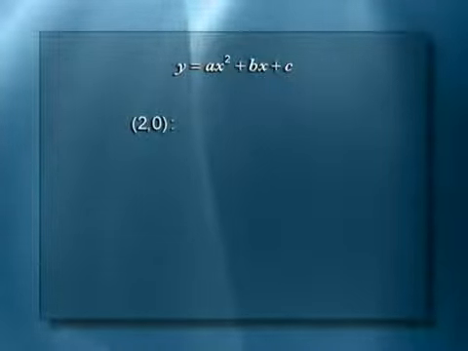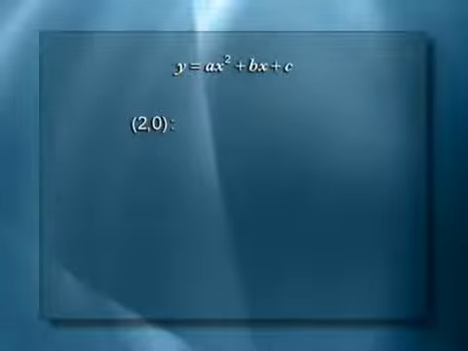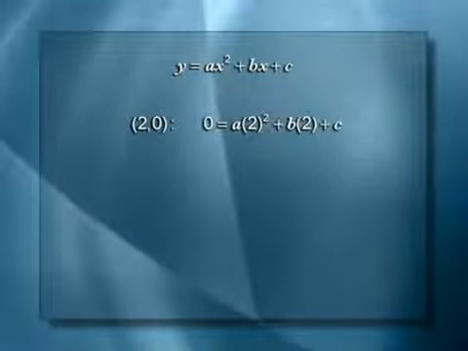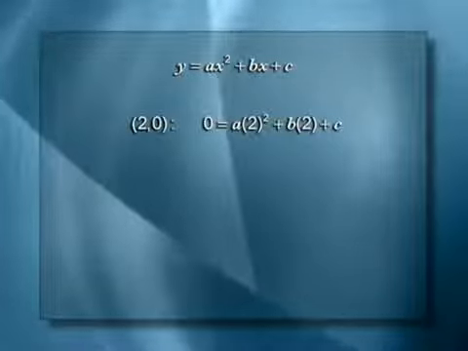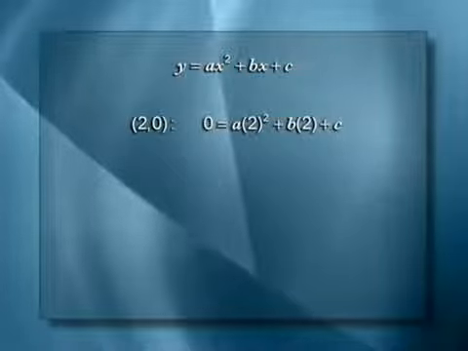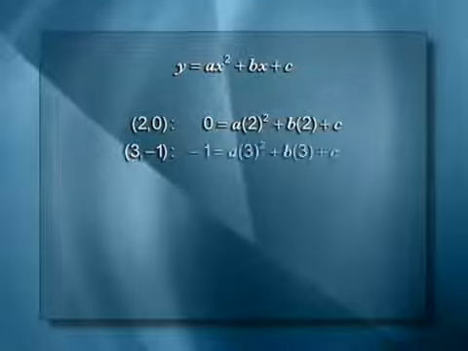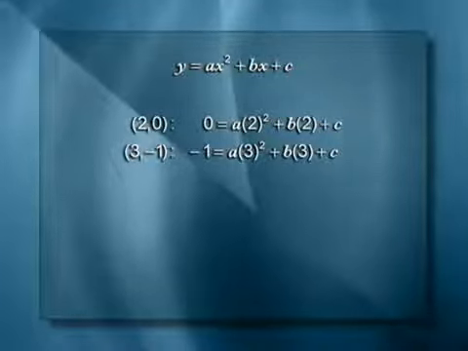And if I call the parabola ax squared plus bx plus c, where a, b, and c are the unknown coefficients of my parabola, I plug in x equals 2 and y equals 0, and I get 0 equals a times 2 squared plus b times 2 plus c. I'm just saying (2, 0) satisfies the equation of the parabola. Well, then I plug in (3, -1), and that yields a new equation. -1 equals a times 3 squared plus b times 3 plus c.